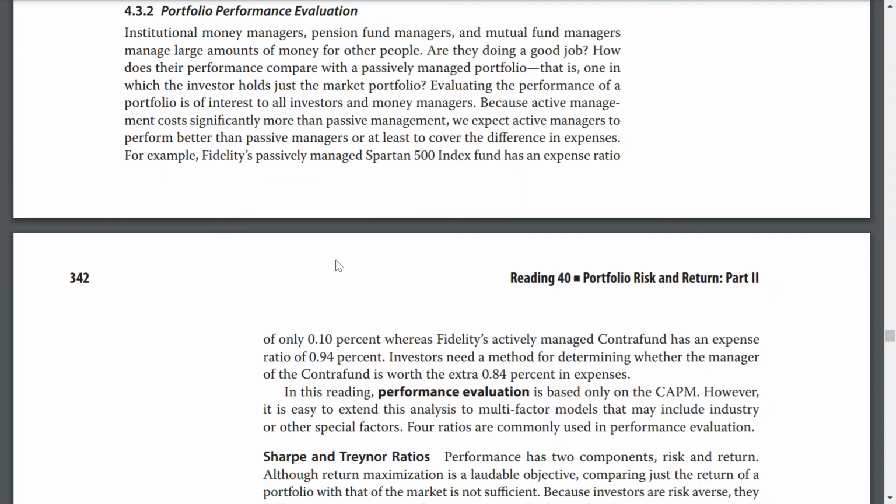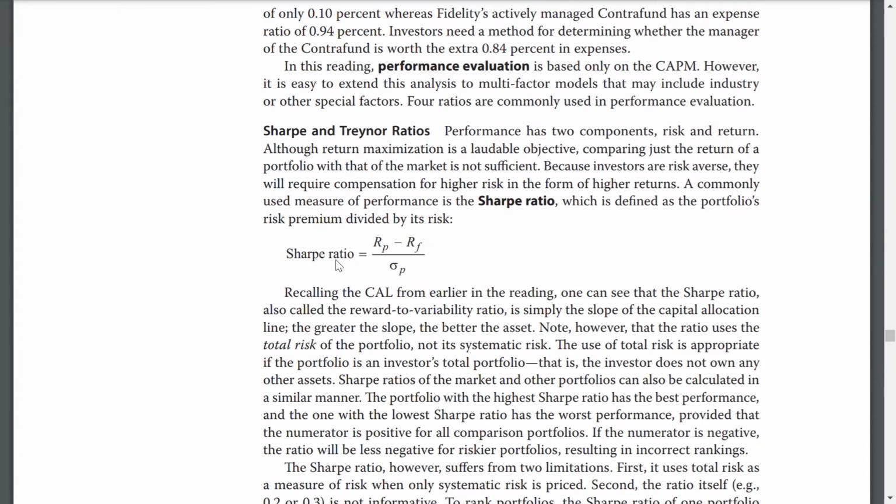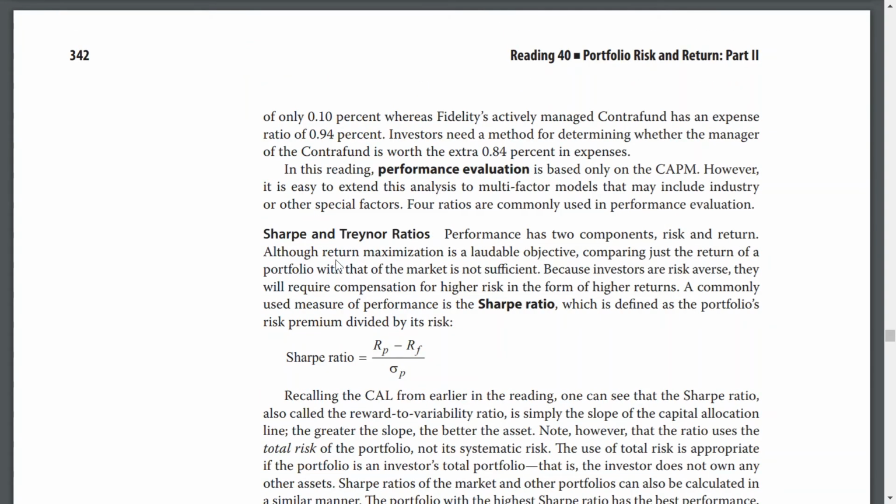Evaluating the performance of a portfolio is of interest to all investors and money managers because active management costs significantly more than passive management. We expect active managers to perform better than passive managers, or at least cover the difference in expenses. For example, Fidelity's passively managed Spartan 500 Index Fund has an expense ratio of only 0.1%, whereas Fidelity's actively managed Contrafund has an expense ratio of 0.94%.